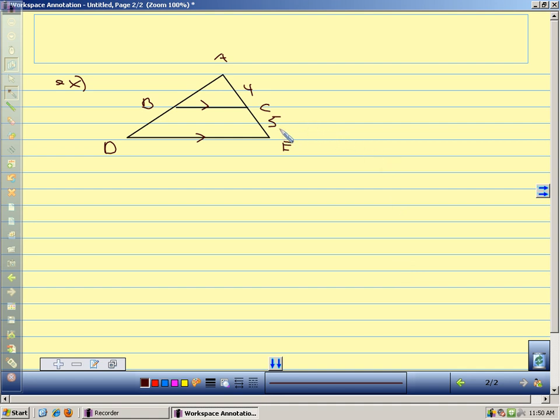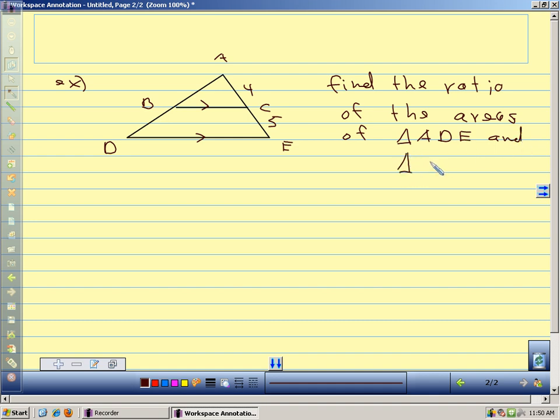We want to find the ratio of the areas of triangle ADE and triangle ABC.